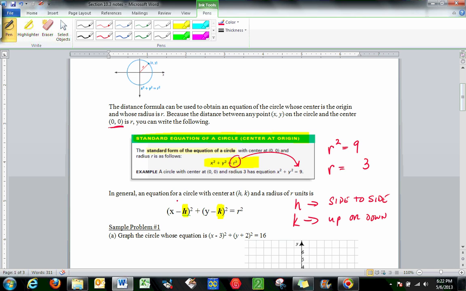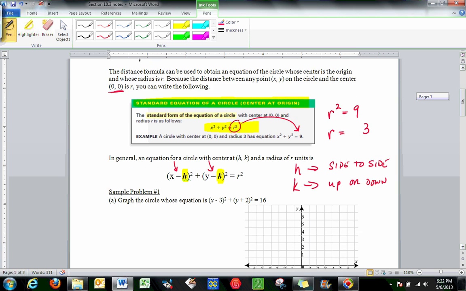Now, keep in mind also, since we're dealing with an H and a K that are inside a set of parentheses, we are always going to use the opposite of the value. So if we have -3, that means we're just dealing with 3. If we have -2, we're just dealing with 2, and vice versa. So be sure that the opposite values don't confuse you too much in this particular case.